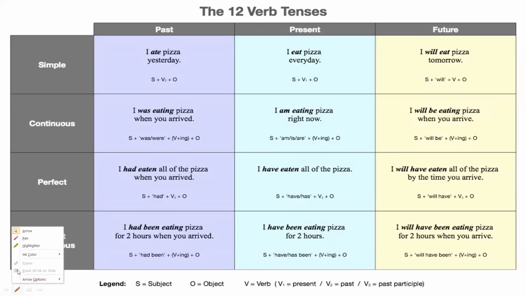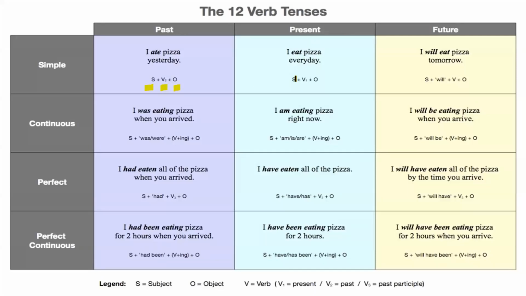Again, just to recap the formula for each tense. The first one, past simple: subject, V2, the past form of the verb, and the object.